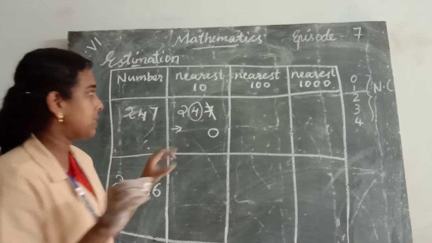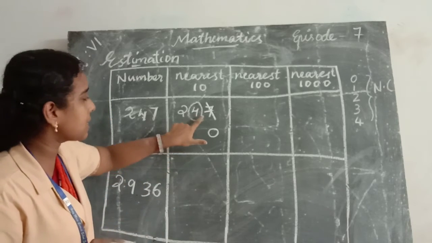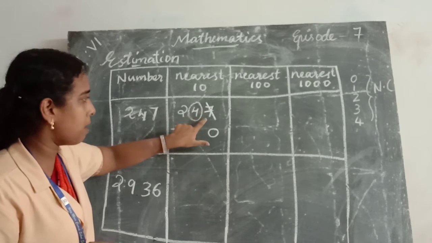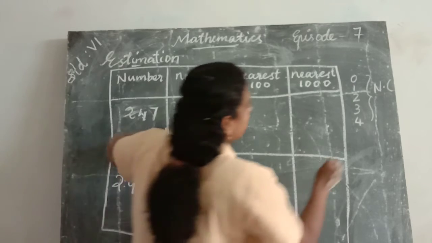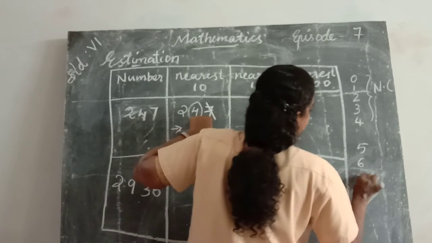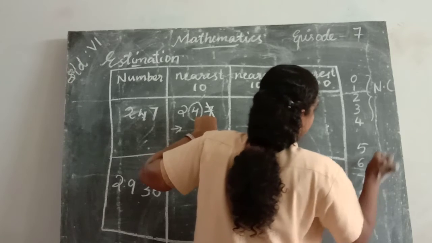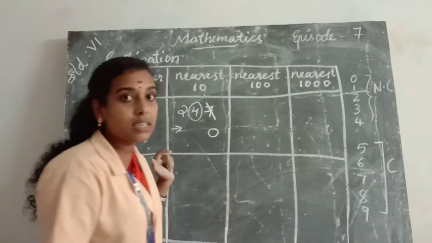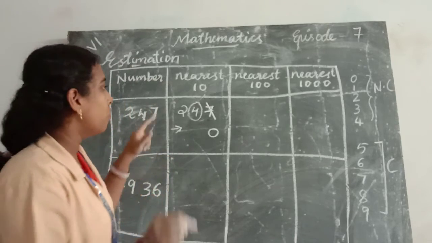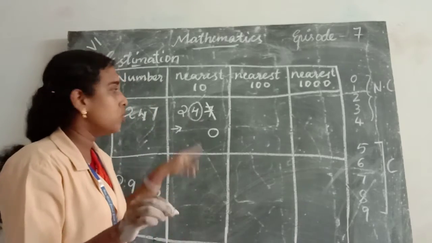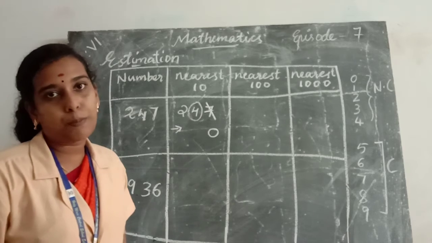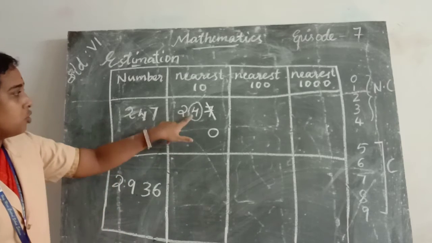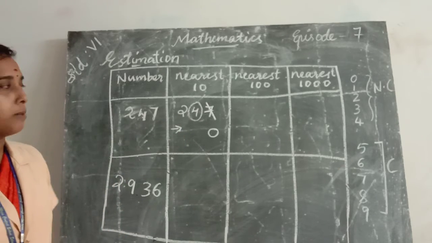If it is 5, 6, 7, 8, 9, then there is a change. Change means we add 1 to the rounded number.